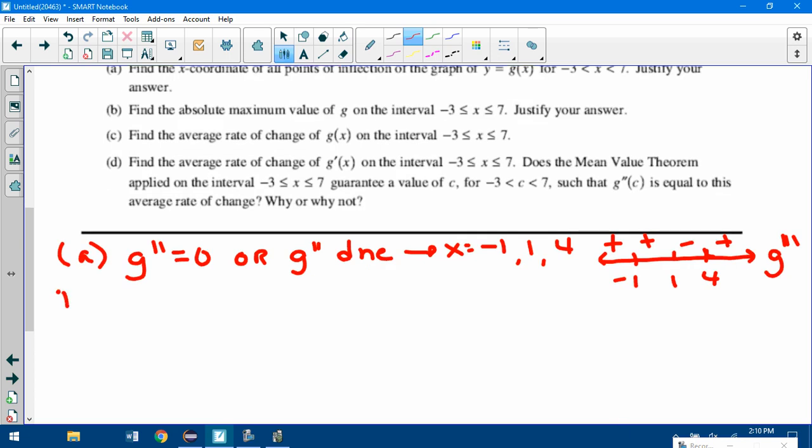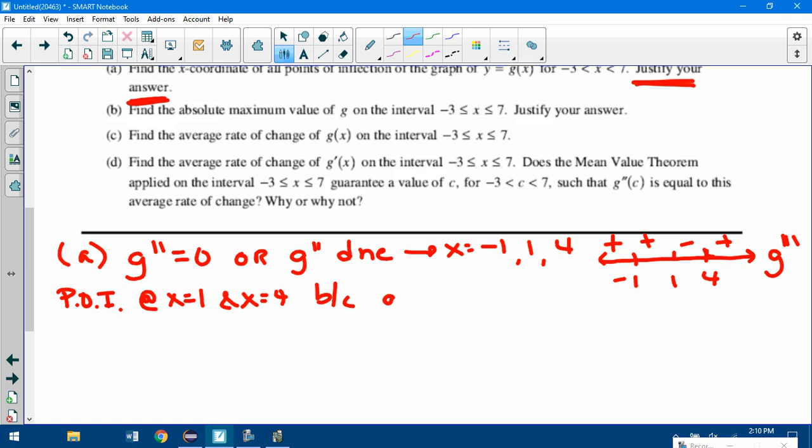So we could say point of inflection, and it's better not to abbreviate on the actual AP, but point of inflection at x equals 1 and x equals 4. Watch out for justify your answer. You have to say because what? You better not have said because it changes signs. You can't say it.